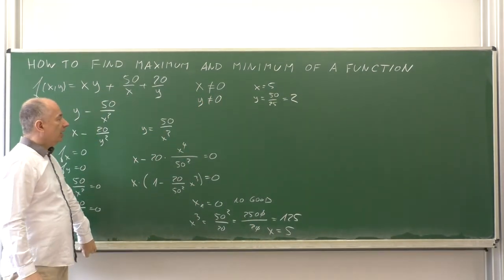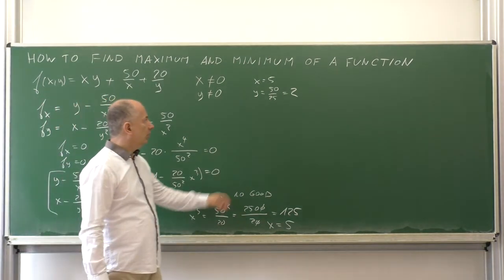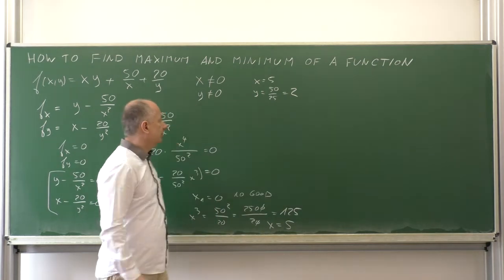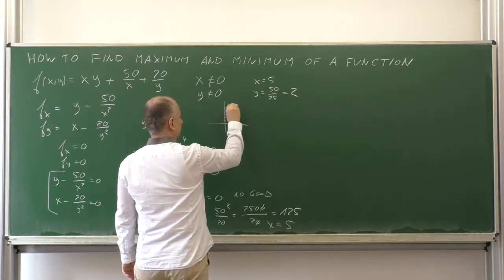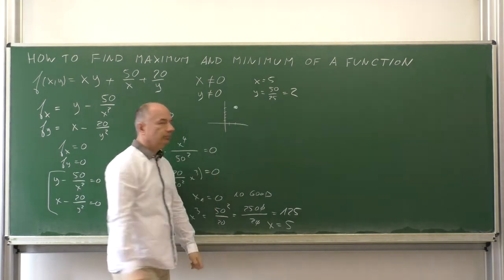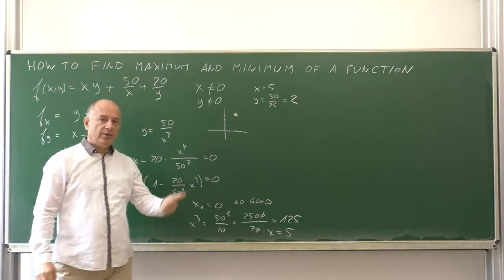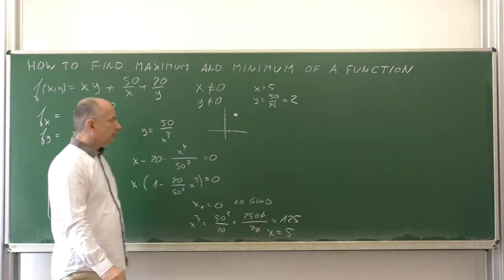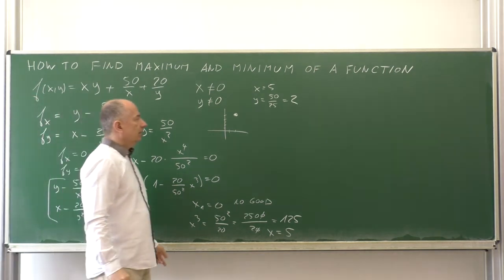So we have found that this function has a single stationary point, namely (5, 2). And to see whether there is a minimum, maximum, or a saddle, we evaluate the Hessian.